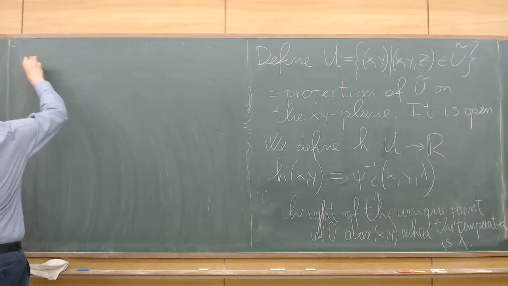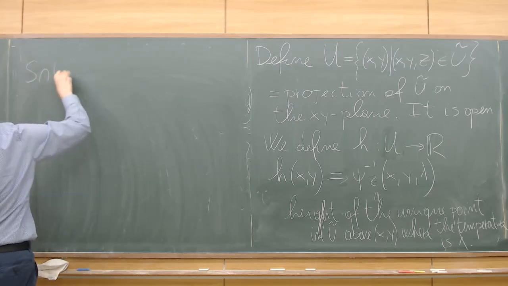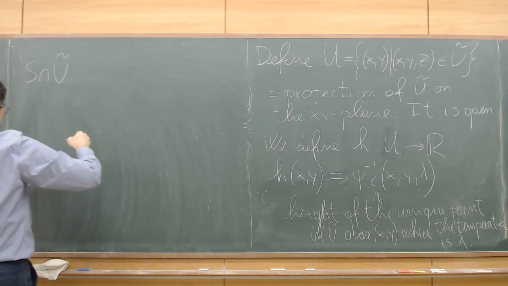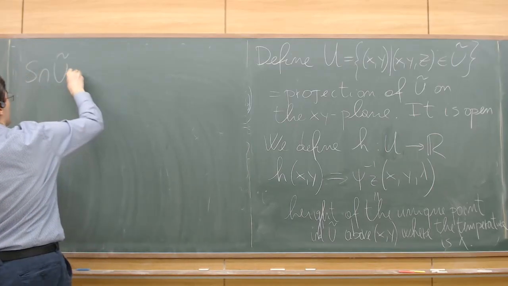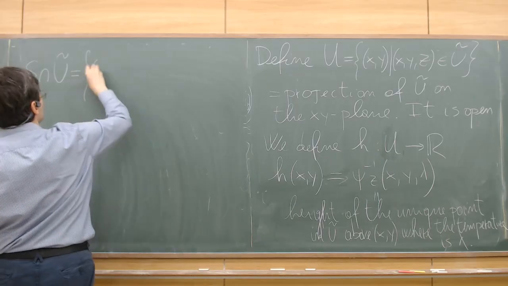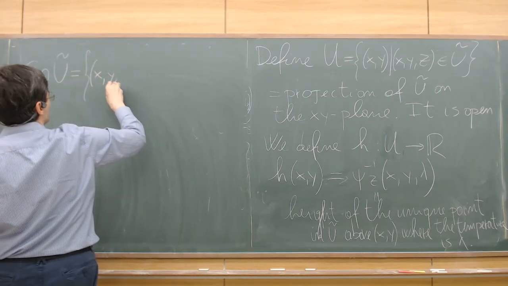Now let's consider S intersection U tilde. S intersection U tilde is the set of points having this form.